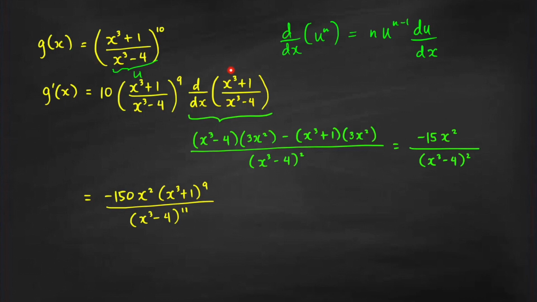But this is a quotient, and we already have a quotient formula for derivative. So that is like low d high, so that is denominator times the derivative of your numerator, which is 3x squared, minus high, that is x cubed plus 1 times derivative of low, so that is x cubed minus 4, all over low squared, so that is the square of the denominator, which is equal to negative 15x squared over this one when you simplify it.